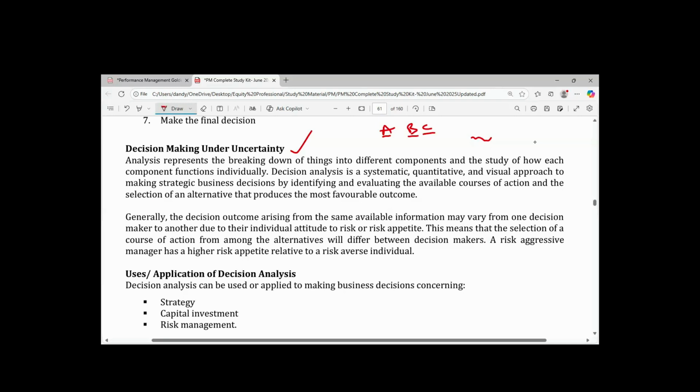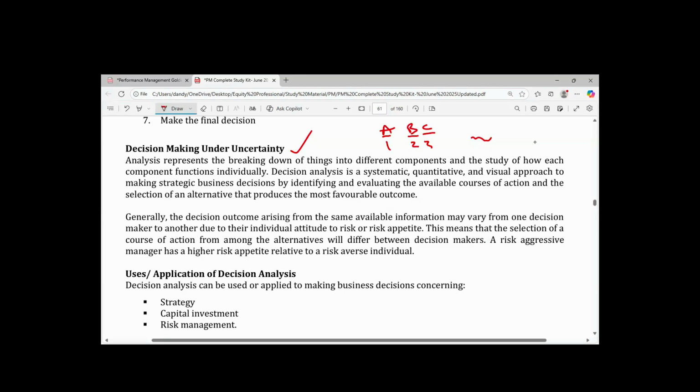Each of these alternatives has risk and return. So as a decision maker, if I'm a risk taker, I will go for the alternative that produces the highest return with the highest risk. If I'm risk averse and do not like risk, I will select the one that produces a lower return and a lower risk.